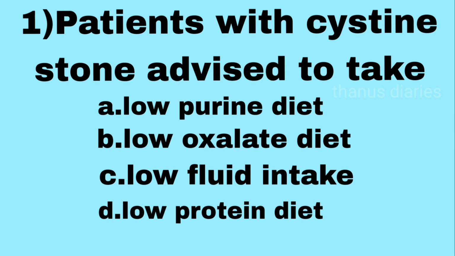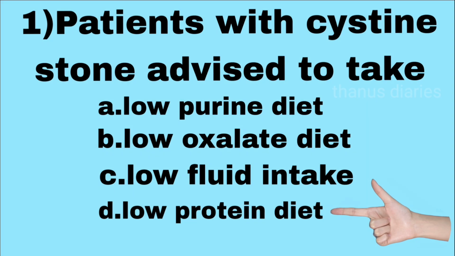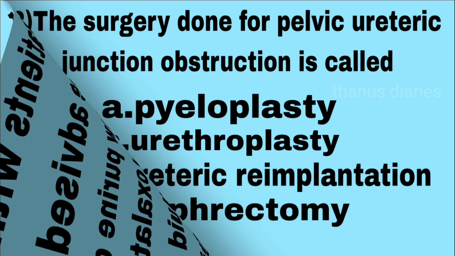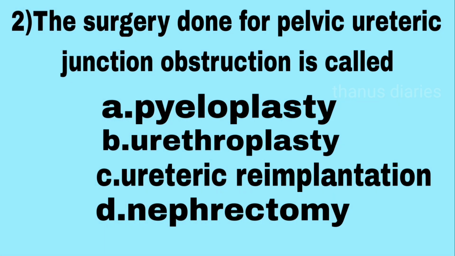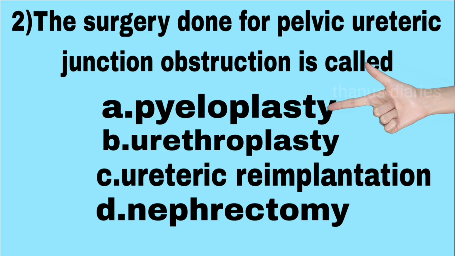First question, patients with a cystine stone are advised to take: low purine diet, low oxalate diet, low fluid intake, or low protein diet. The answer is low protein diet. Next question, the surgery done for pelvic ureteric junction obstruction is called: pyeloplasty, urethroplasty, ureteric reimplantation, nephrectomy. The answer is pyeloplasty.